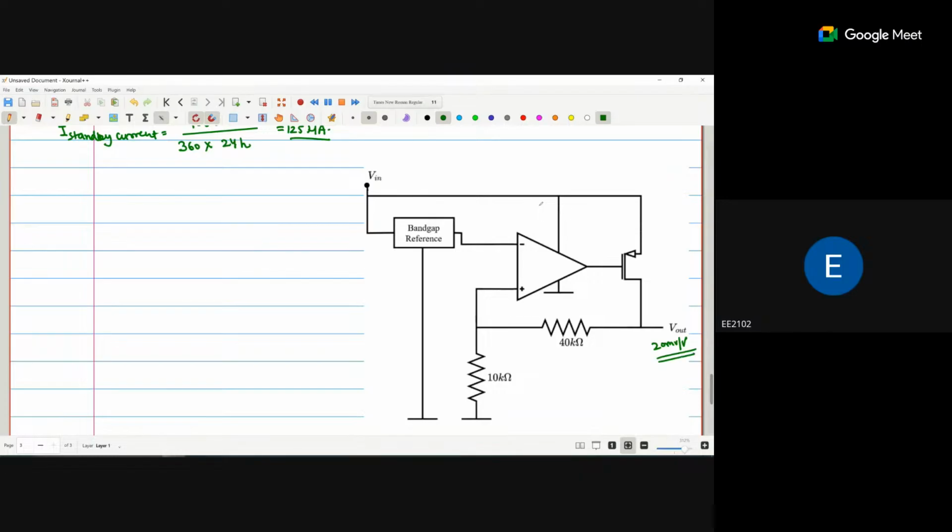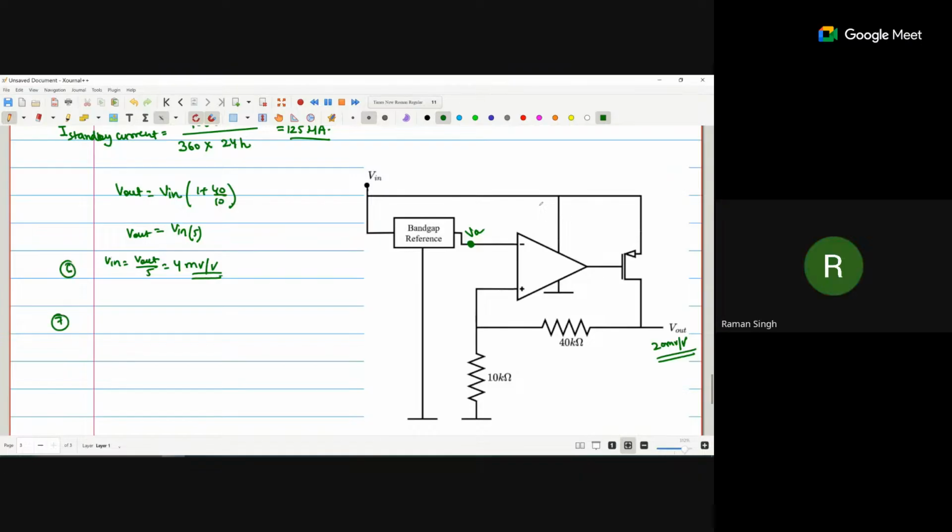What is the voltage we are getting at this point, VA? That is question number 6. We know that V out is equal to V in times 1 plus 40 divided by 10. So V in times 5 is equal to V out. So V in is equal to V out by 5, that is 4 millivolt per volt. Okay, that is question number 6.